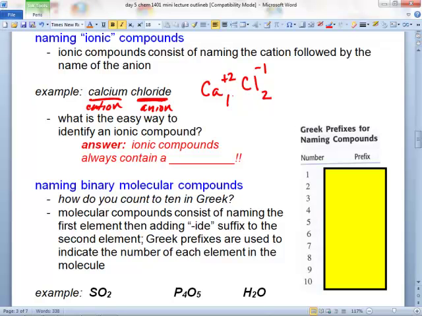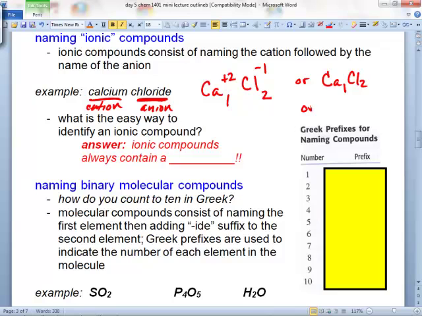Right? And now do you see why it works? Because now I have 1 calcium for every how many chlorines? Or how many chlorides? 2. That's what those little subscripts mean. So I have 1 calcium, that is a +2. I have 2 chlorides, well, they add up to be a -2. So it's just the simplest ratio. So you can write it like this, or you can write it as CaCl2.